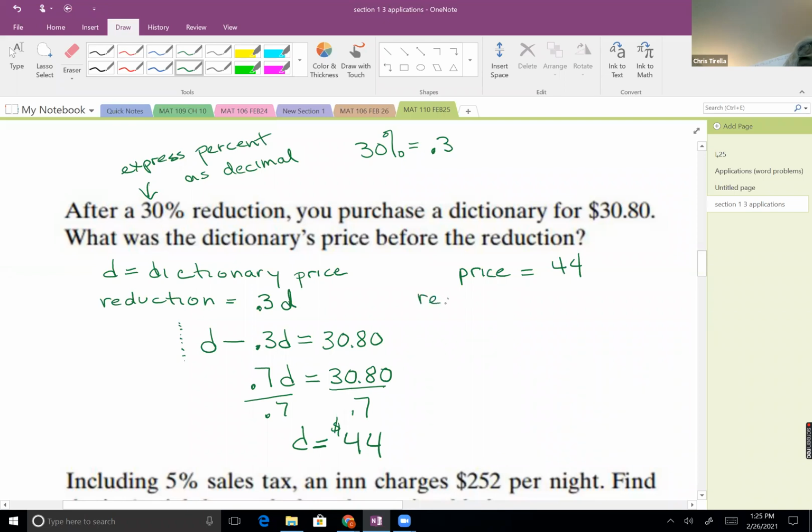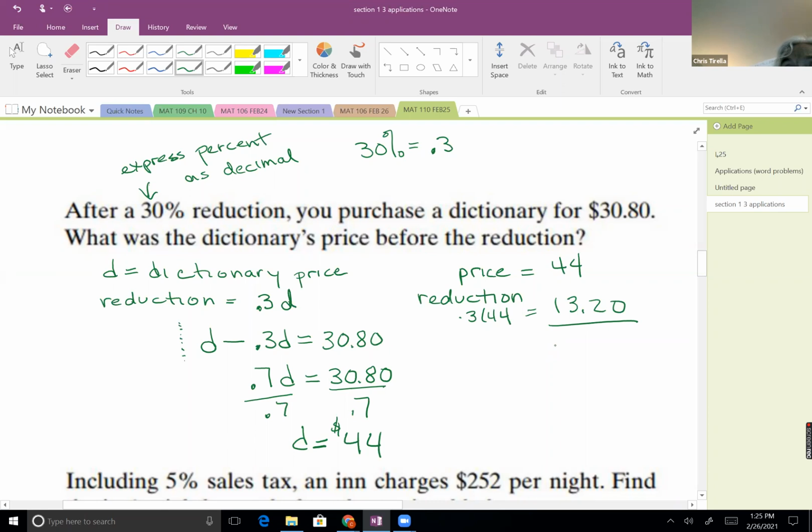Checking the reduction. Well, if I take 30% of 44, I get $13.20.